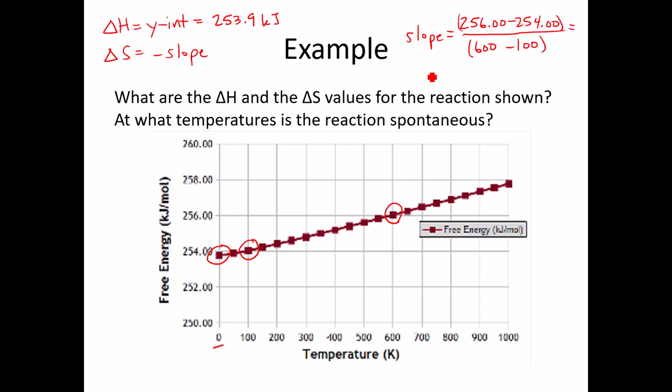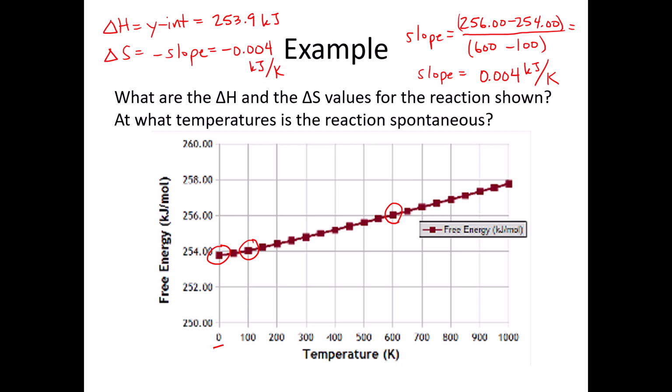Alright, so if we calculate our slope, we get 0.004, and this would be kilojoules per Kelvin. But remember, our delta S is going to be the negative slope, so we're going to put a negative in front, negative 0.004 kilojoules per Kelvin.